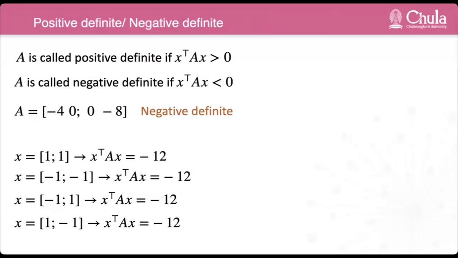No matter what the vector X is, you multiply this way, you get a positive scalar, then A is positive definite. And if X transpose AX is less than 0, is negative, A is negative definite.